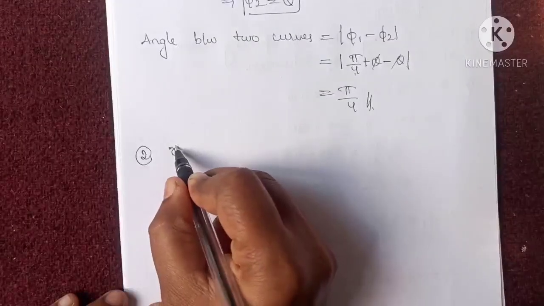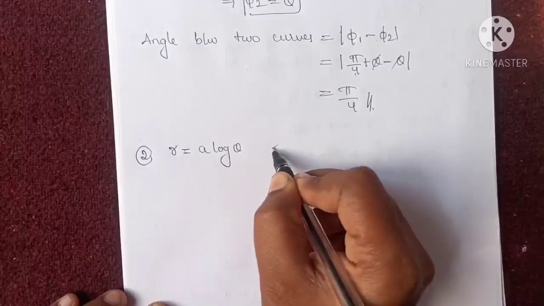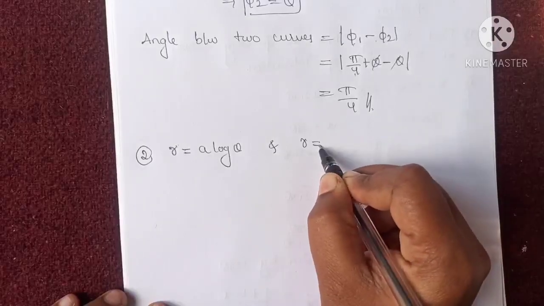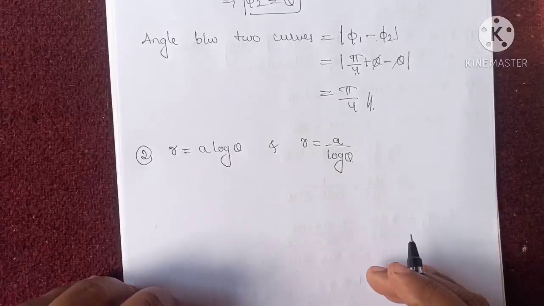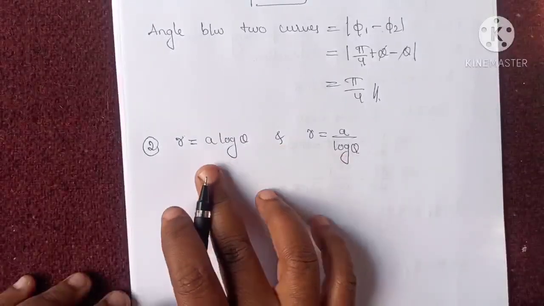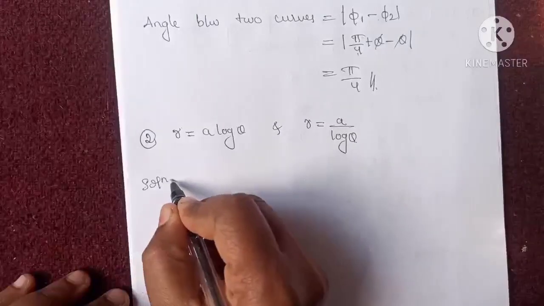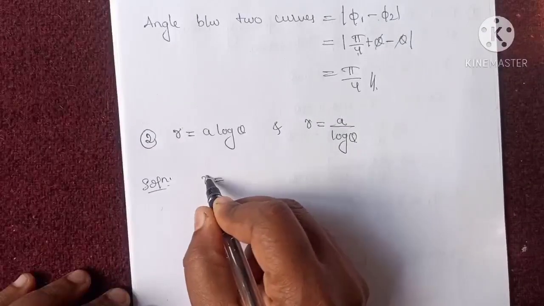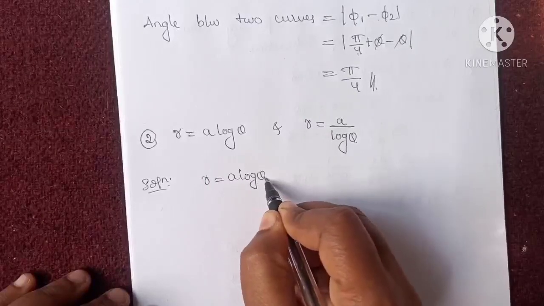Second problem. r equals a log theta, and the second curve is r equals a divided by log theta. First we shall find phi 1 and phi 2. Solution. First let us consider the first curve, r equals a log theta.